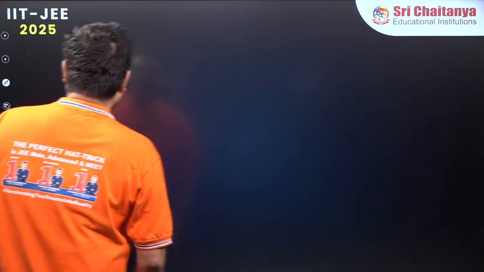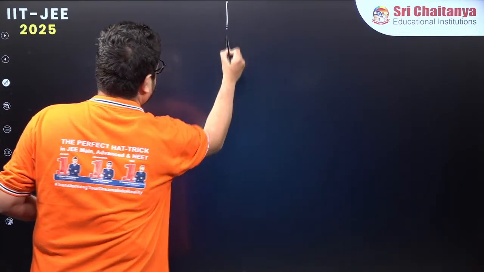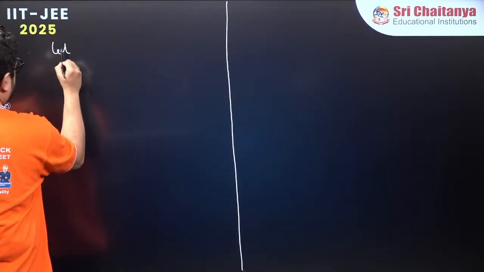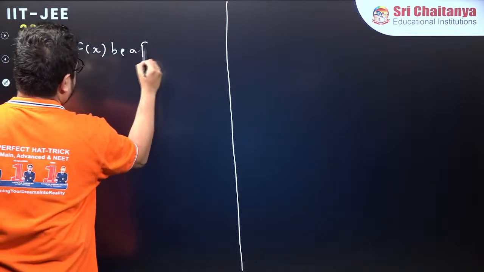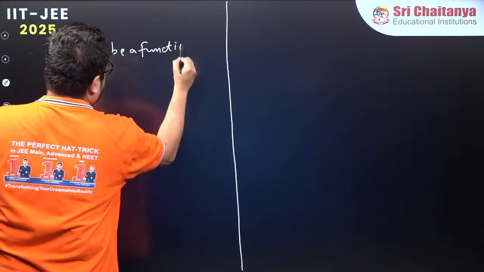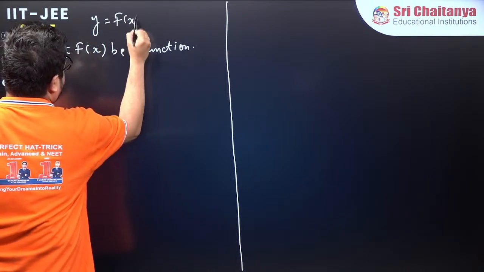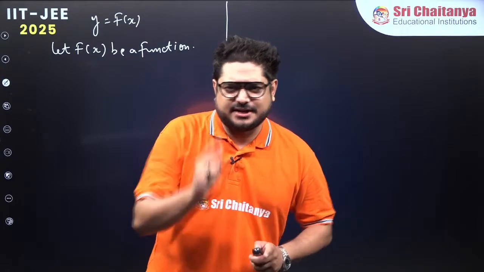So if I say that let f(x) be a function. If you can recall the same function, I'm using it over here. What was the function? We are talking about y is equal to f(x). So if I'm going to differentiate this function, what will I be getting?